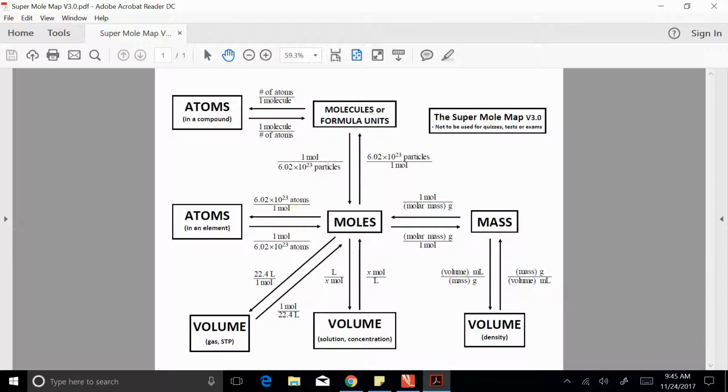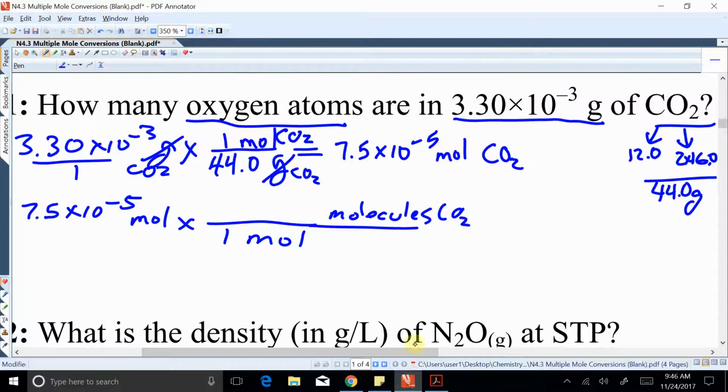So right now it's a mole of carbon dioxide. So this is going to be 6.02 times 10 to the 23 particles, molecules of carbon dioxide. We're going to be using our top conversion because we want to get rid of moles. Our bottom conversion would help us to get rid of atoms. So 6.02 times 10 to the 23.